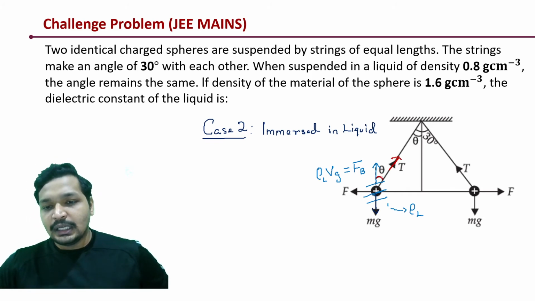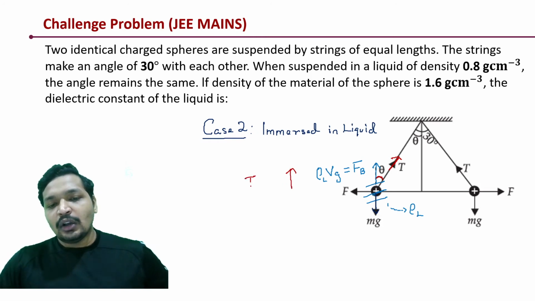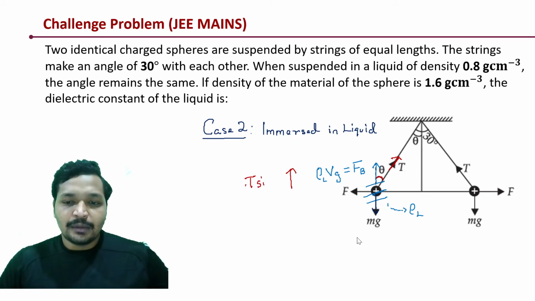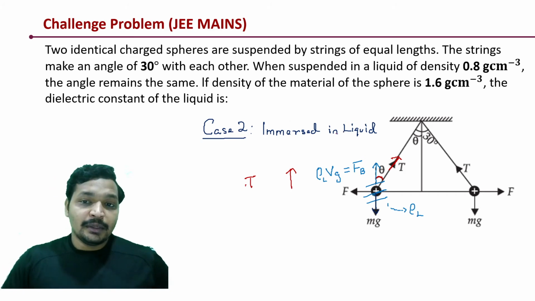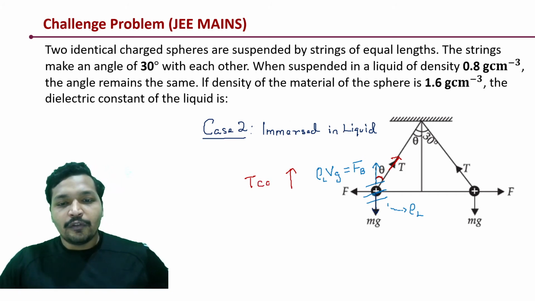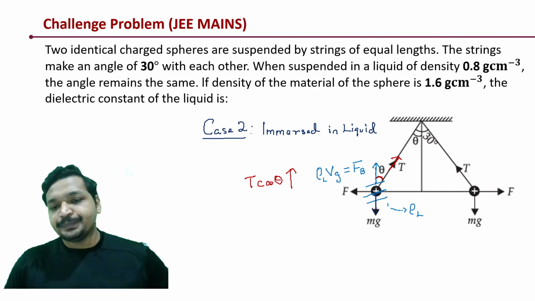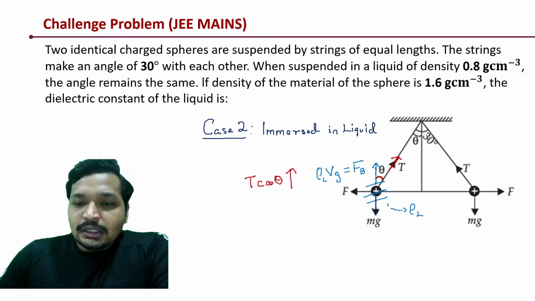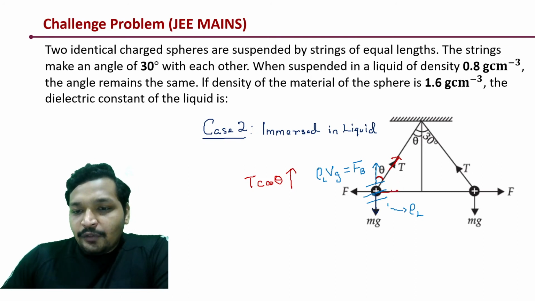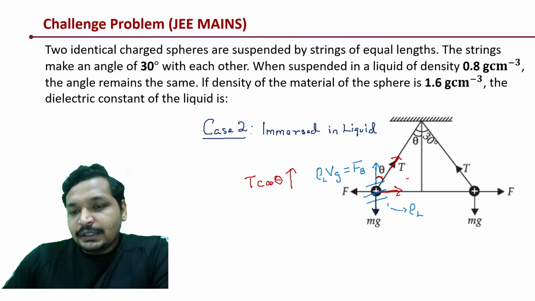This is the theta. This should be T of, sorry, my mistake, cos of theta, right? Sin theta is going to be the other one, if you remember. T cos theta, and T sin theta is going to be in this direction.